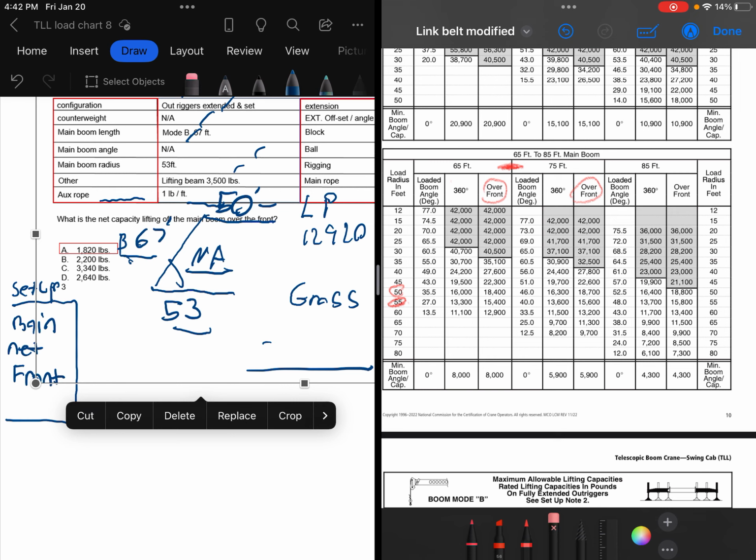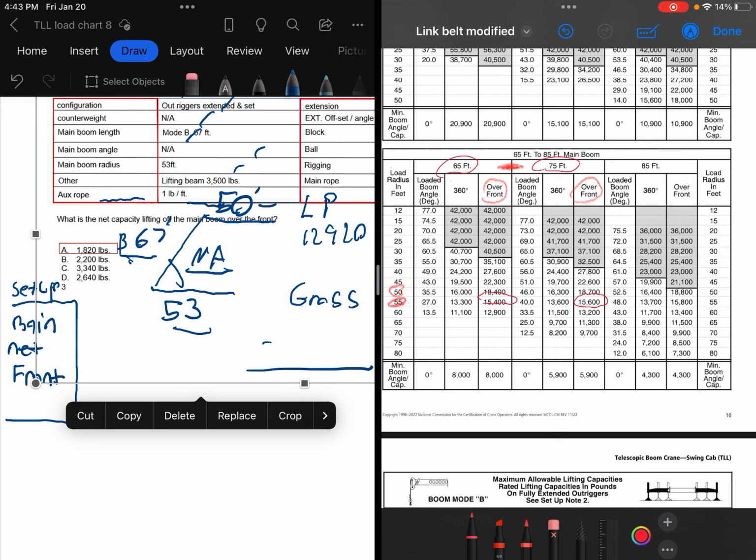Over the front, so 360 or 75. So we've got 55 foot, we've got over the front, we've got 15,400. And at 75 foot of main boom, at 55 foot radius, you've got 15,600 pounds.